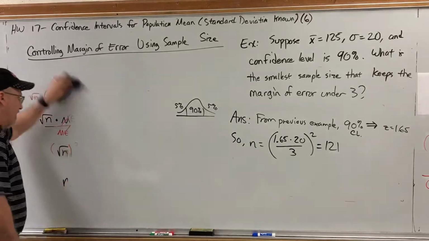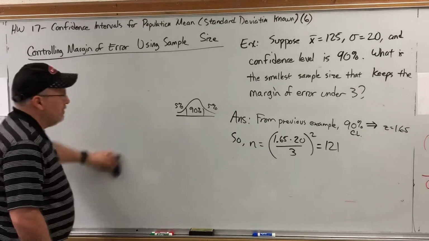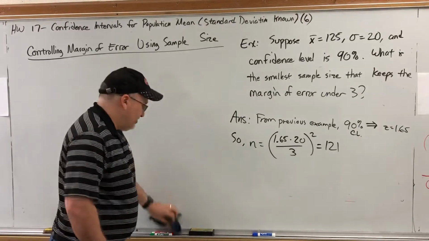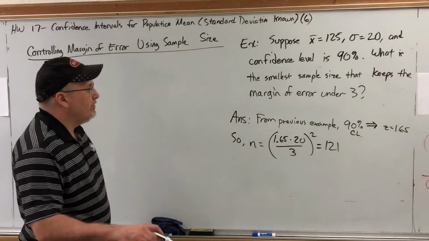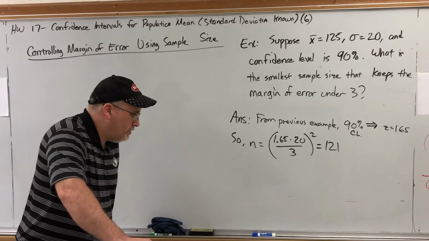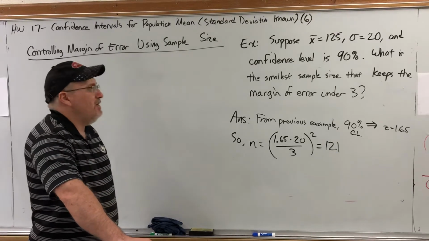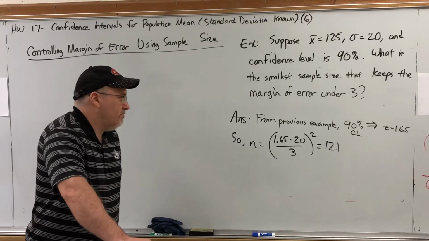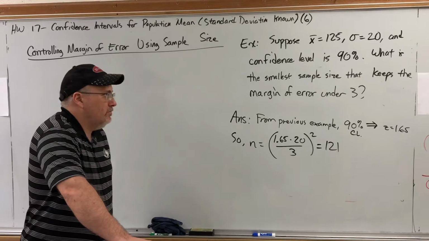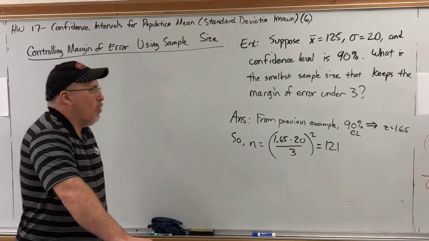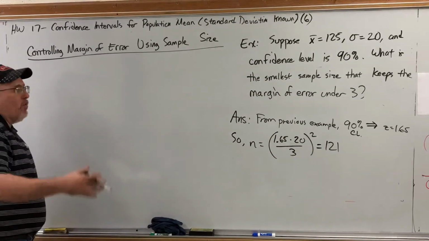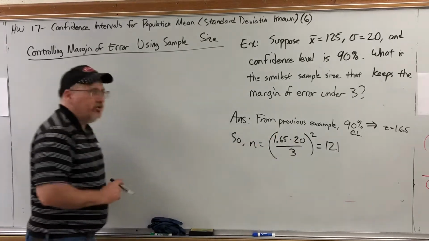You would think you would just round it, but that's not entirely true. So let's say in this particular example, somebody said, no, I didn't want the margin of error to be 3. I wanted it to be 1 point, I don't know. Let's make it 1.4. I just want something that won't divide cleanly so I can show you what to do.